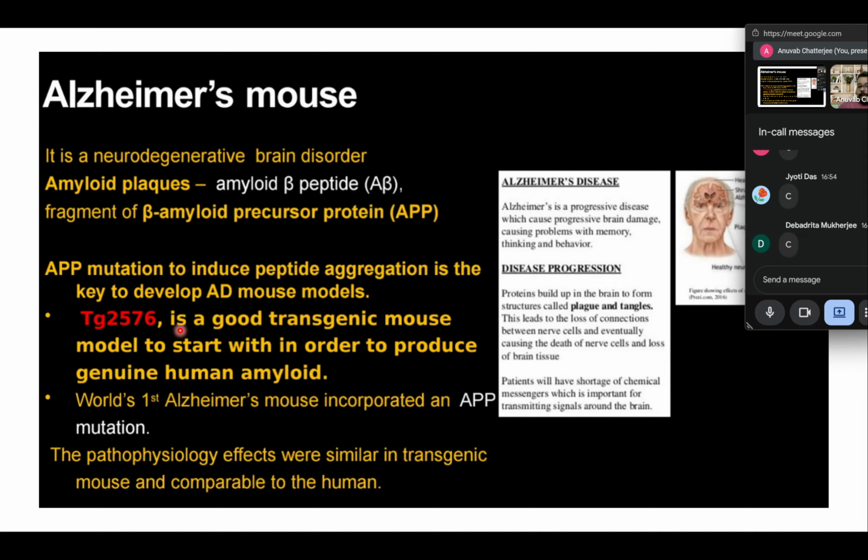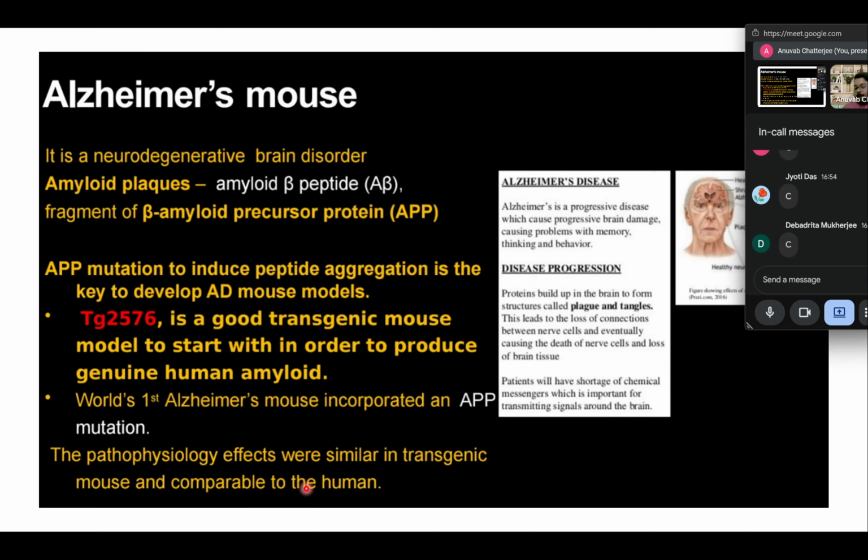So TG2576 is a good transgenic mouse model to start with in order to produce genuine human amyloids, and this was the world's first Alzheimer's mouse incorporated with an APP mutation. The pathophysiology in the transgenic mouse is similar to and comparable to humans.